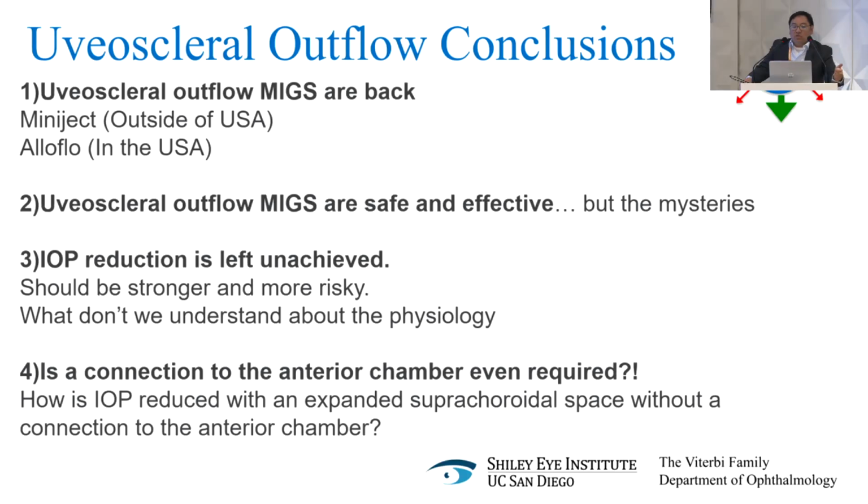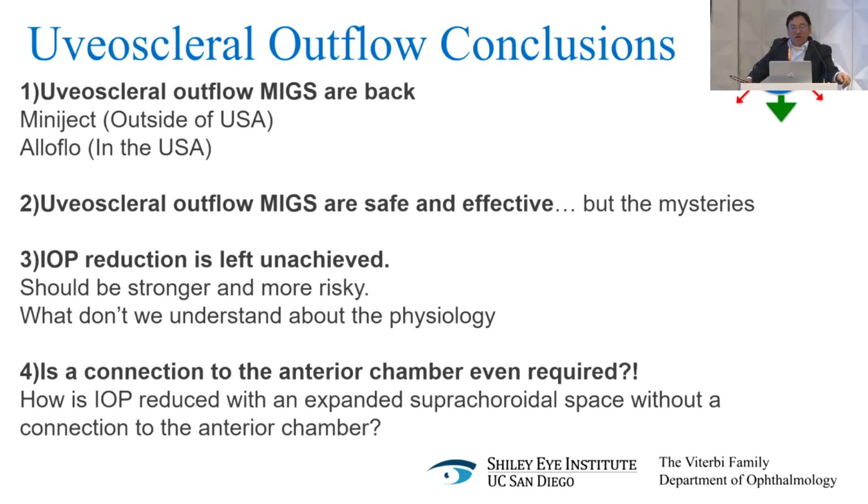So in conclusion, uveoscleral MIGs are back. At least in the United States, we have Alaflow. Mini-inject has been around for a little while outside of the US. These surgeries are safe and effective, but it's kind of weird. Number 1, there's clearly IOP reduction left unachieved. Surgeries should be stronger, they should be riskier. There is something we don't understand, and so there's room to improve here, and I'm kind of glad we have the chance to study this now, unlike CyPass.